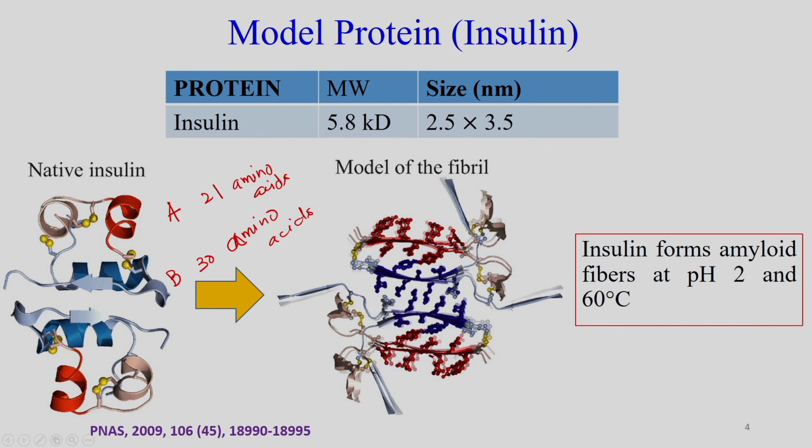These two chains are joined by two disulfide linkages, and there is one more intra disulfide bridge within the A chain. So, typically there are two disulfide linkages between the A chain and B chain and one disulfide bridge within the A chain. This is native insulin, in which you can see the alpha helix, random coil, beta turn and beta sheet.